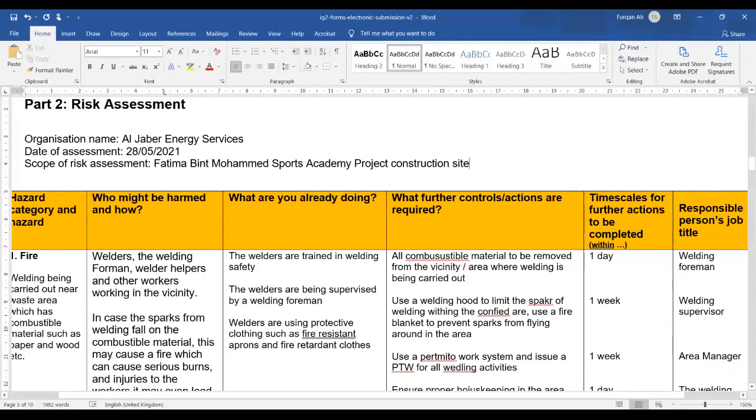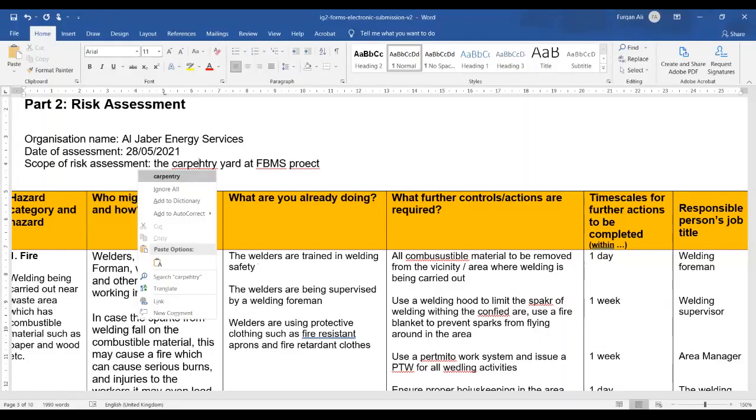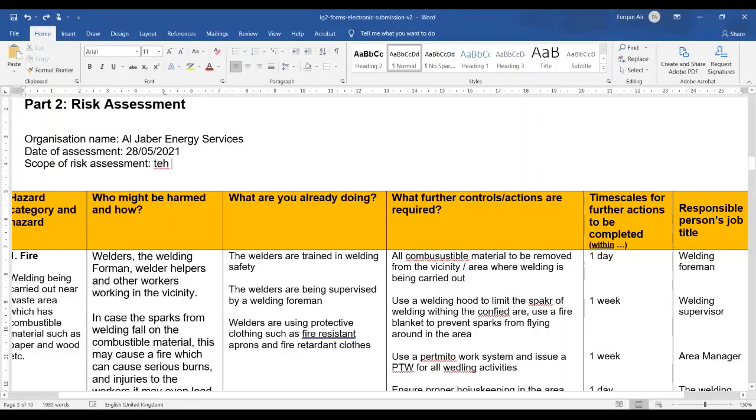Okay, or if there are certain activities or any certain area that you are assessing, you can say that you carried out the risk assessment for, let's say, the carpentry yard at FBMA project. Okay, so you need to mention the scope of the area or the activities that you carried out the risk assessment for. Just a brief description. Scope basically means the boundaries or the limits that you have covered in the risk assessment.